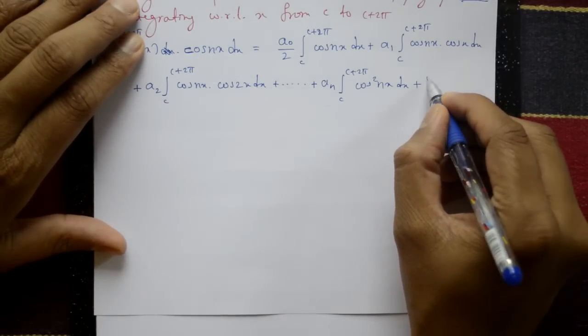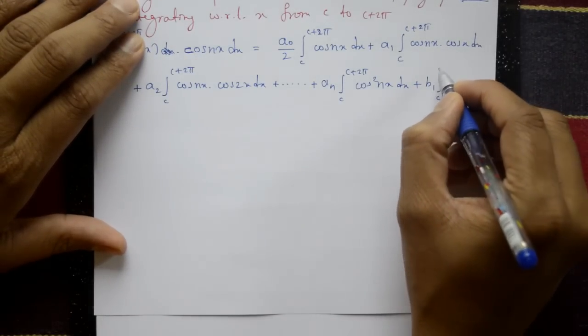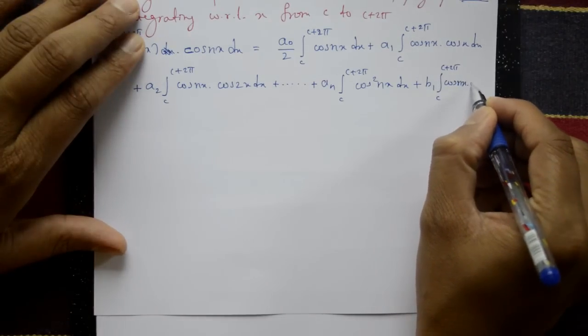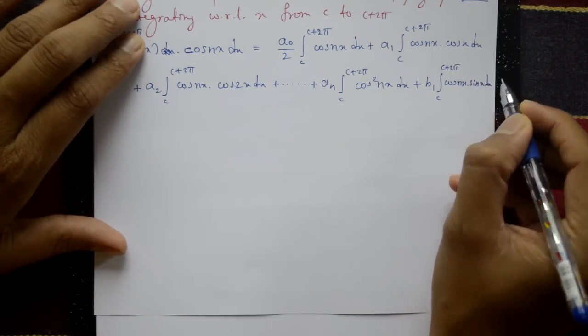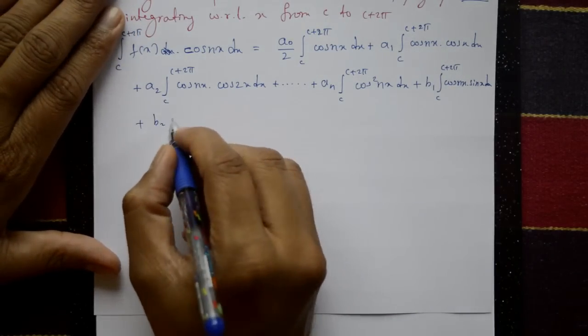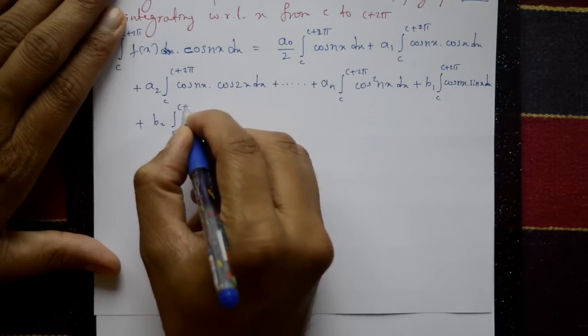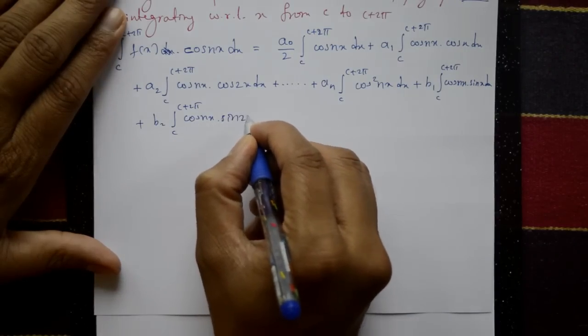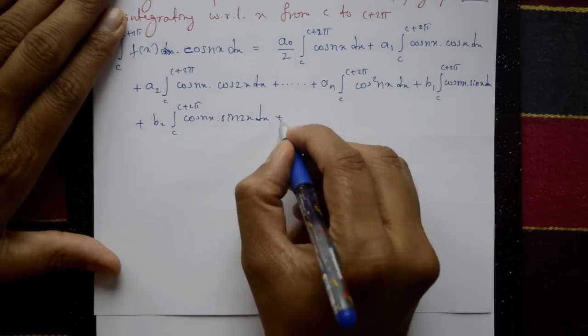Plus b1 integration from c to c plus 2 pi of cos nx into sin x with respect to x, plus b2 integration from c to c plus 2 pi multiplied by cos nx into sin 2x with respect to x, plus so on.